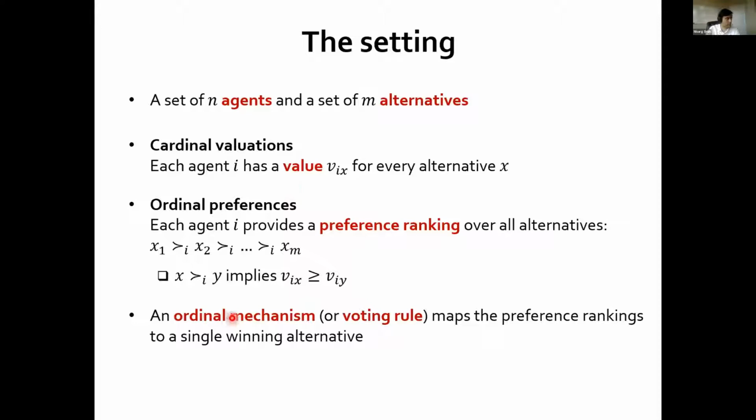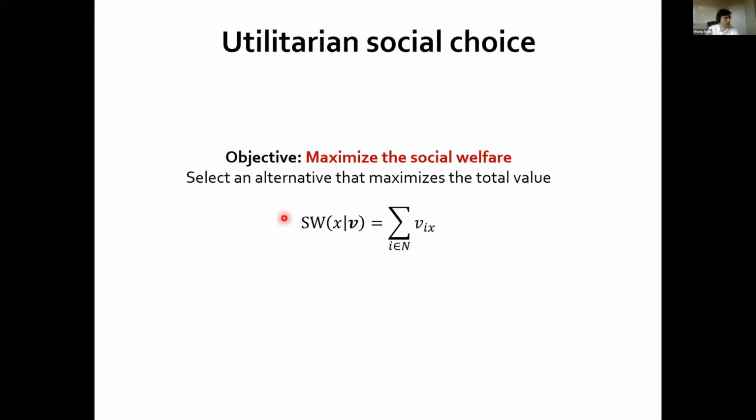An ordinal mechanism, or a voting rule, takes all these preference rankings and aggregates them to a single winning alternative. Here I'm going to focus entirely on single-winner elections and on deterministic mechanisms. So what is the objective? We want to select the alternative that maximizes the sum of the values of the voters, namely the social welfare, which is defined with respect to the cardinal profile that we don't immediately see.